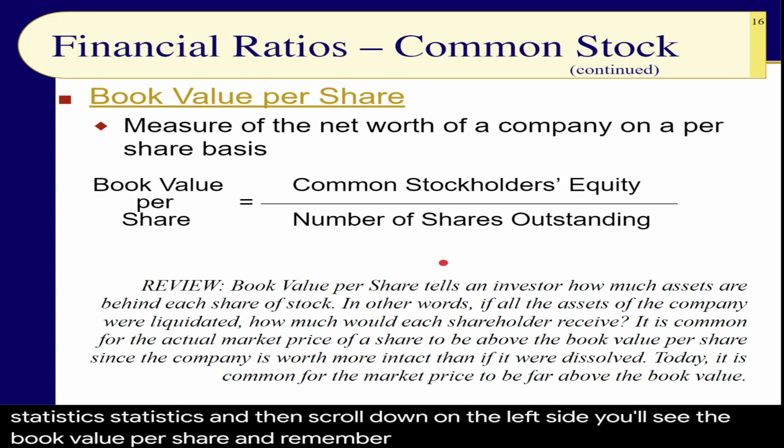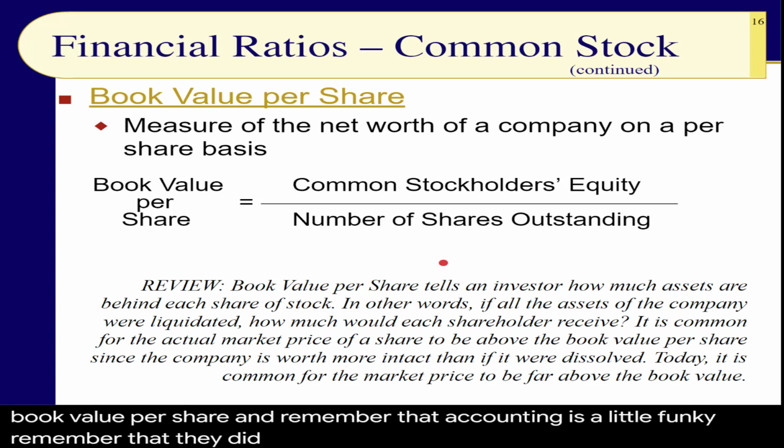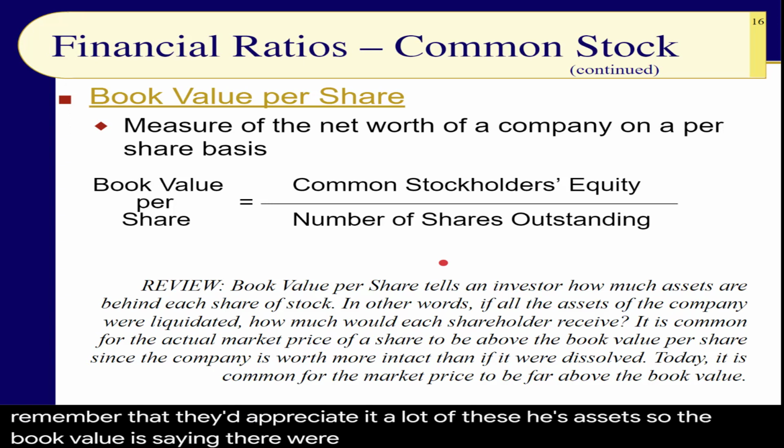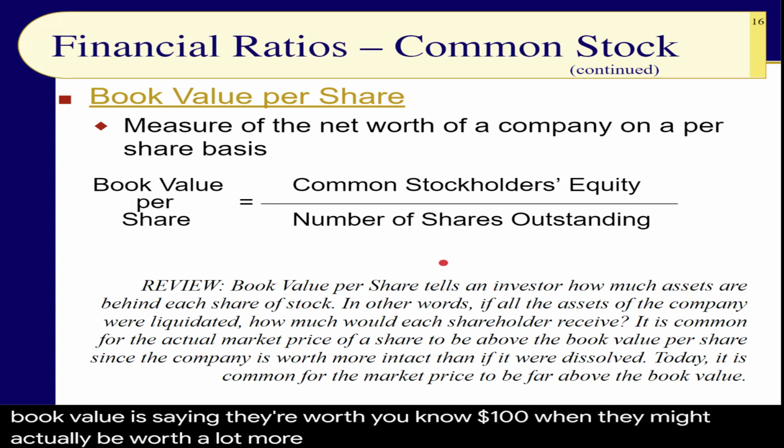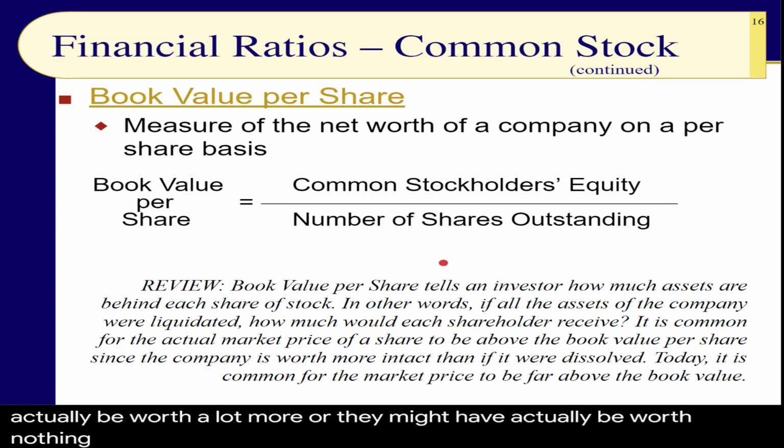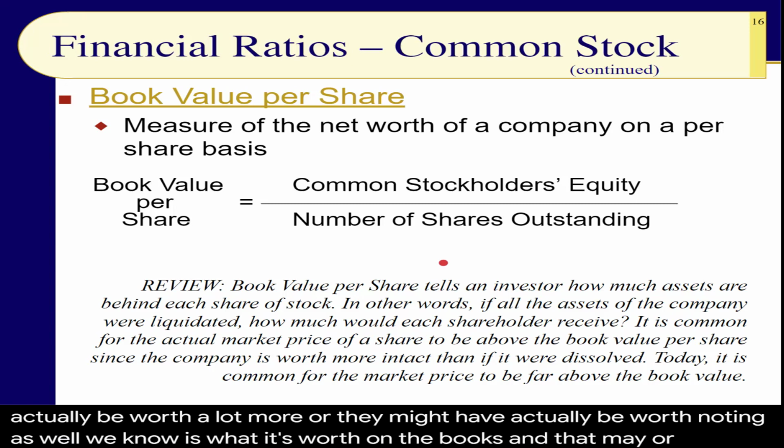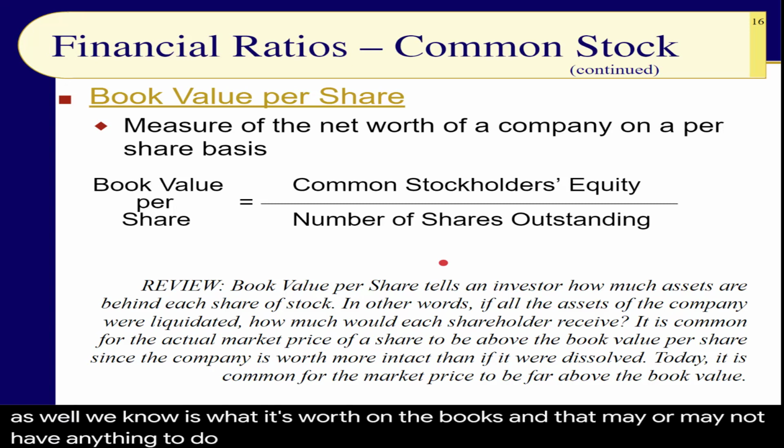And remember that accounting is a little funky. Remember that they depreciated a lot of these assets, so the book value is saying they're worth $100 when they might actually be worth a lot more, or they might actually be worth nothing. All we know is what it's worth on the books, and that may or may not have anything to do with the real world.